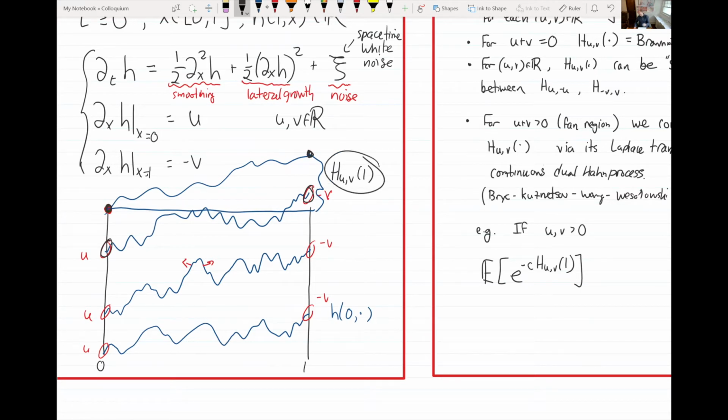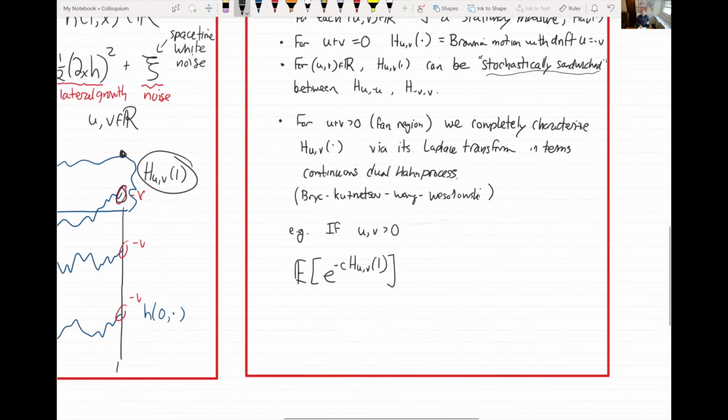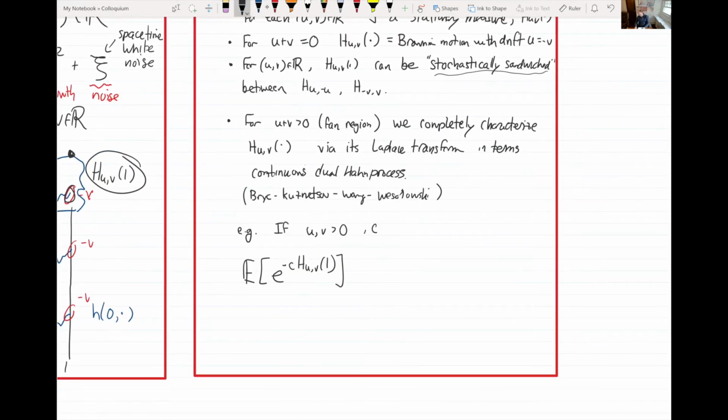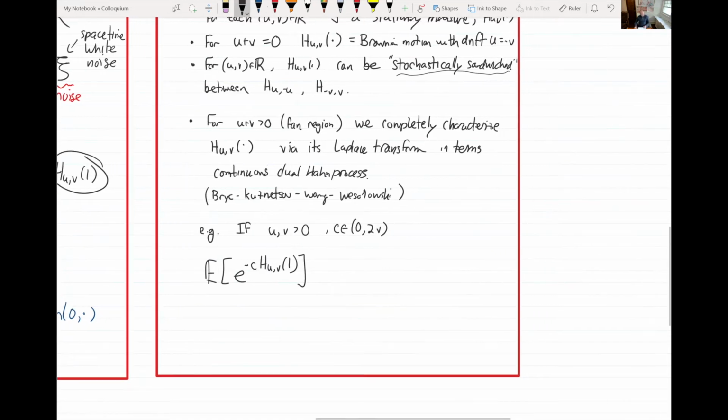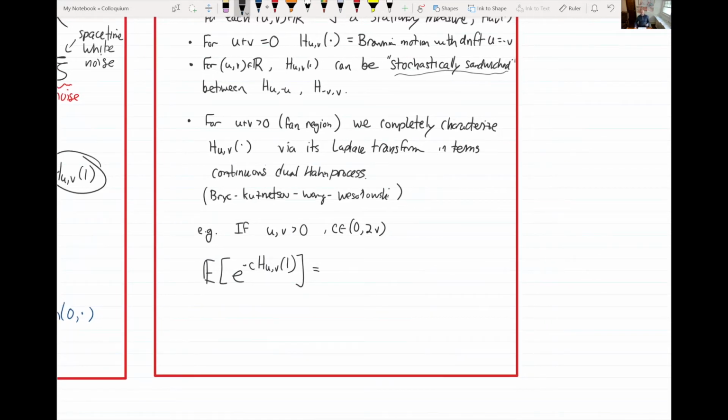So the question is, what is the distribution of this increment? What we can give is a formula for the Laplace transform, restricted to some set of parameters. Still, this is enough to identify its distribution. It takes a rather compelling form.